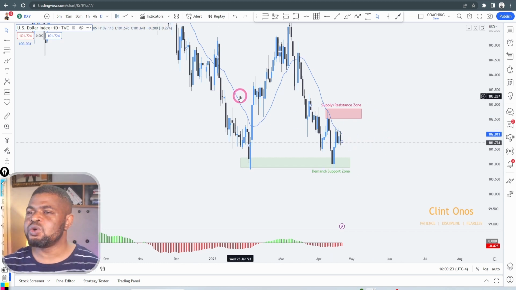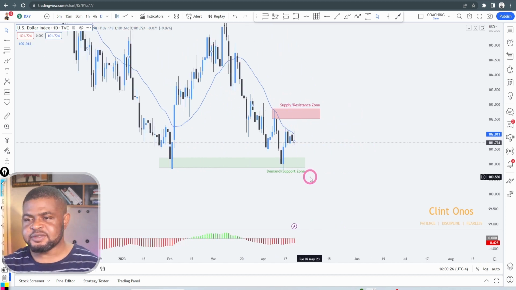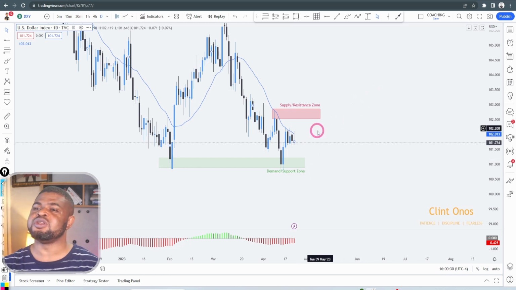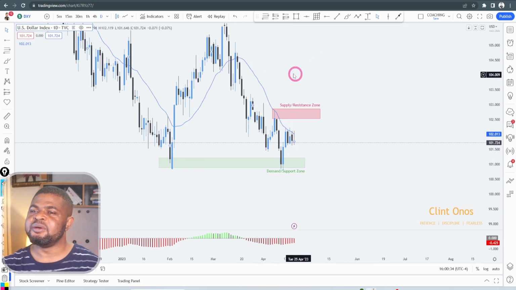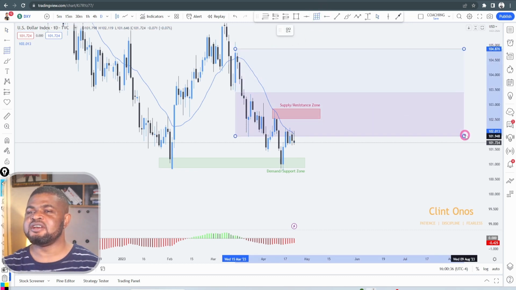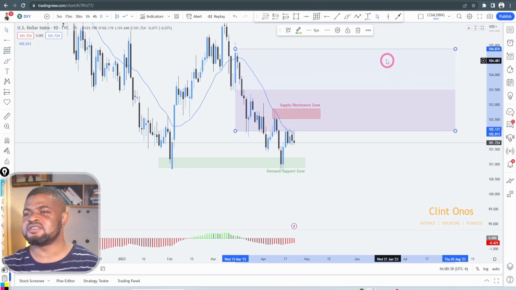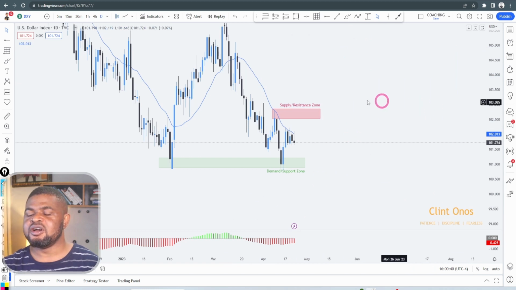So we can still expect this to be going down, or there might just be a kind of retracement to rebalance levels, some levels that are yet unbalanced before moving downward.